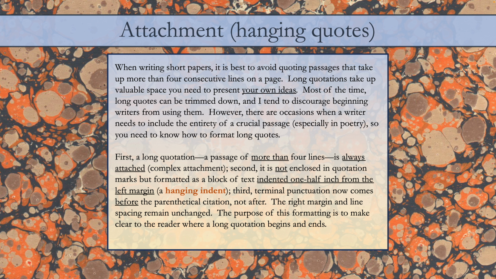First, a long quotation, a passage of more than 4 lines when it's prose, 4 lines if it's poetry, is always attached. Long quotations are always attached using complex attachment. Second, it is not enclosed in quotation marks, but formatted as a block of text that's indented 1/2 inch from the left margin.